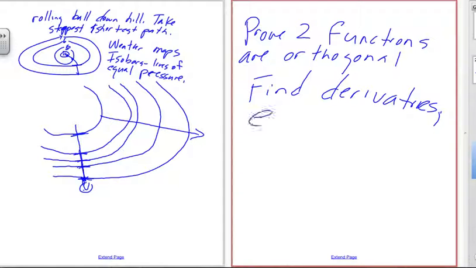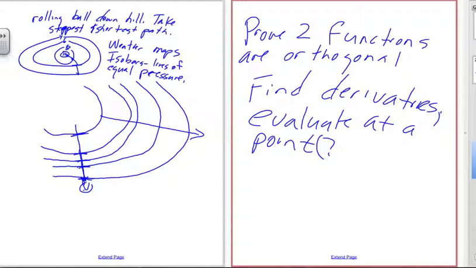Oftentimes you're going to be evaluating them at a point, but even if you don't, you may or may not be doing this. If the derivatives are negative reciprocals, they're orthogonal.